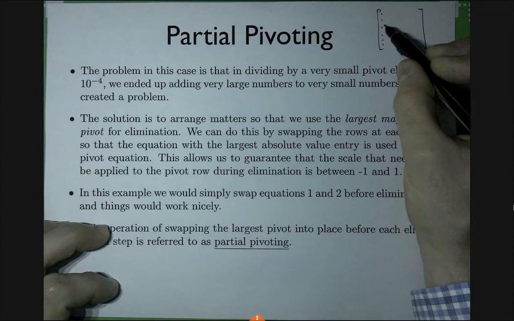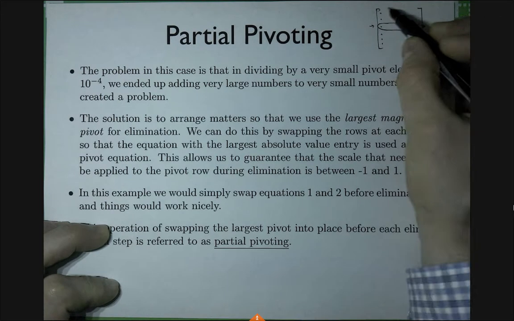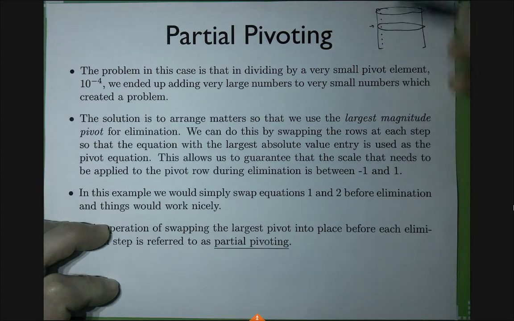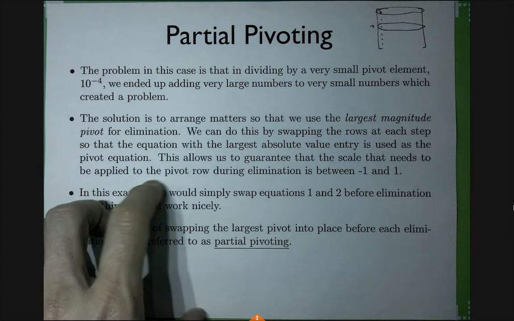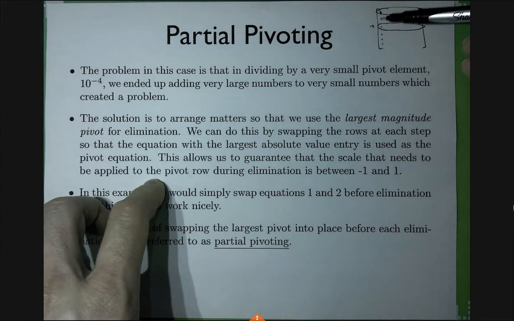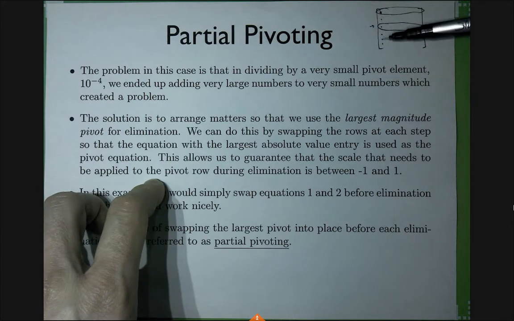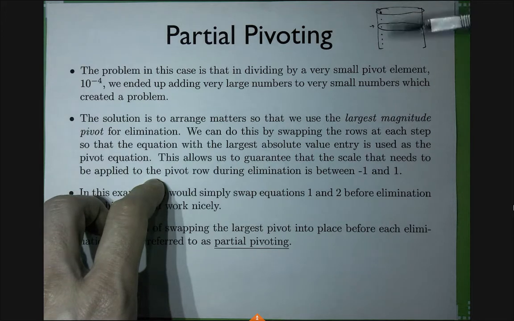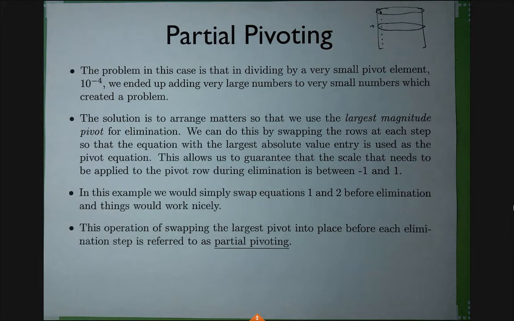And then I basically assume it's this one. Then I take this entire row, and I flip it with the first row. So here the first row will have a pivot with maximum magnitude. And that means that when I will be using it to eliminate all the other elements here in the first column to 0, I'll be only scaling it down. I will be only multiplying by a number between -1 and 1.